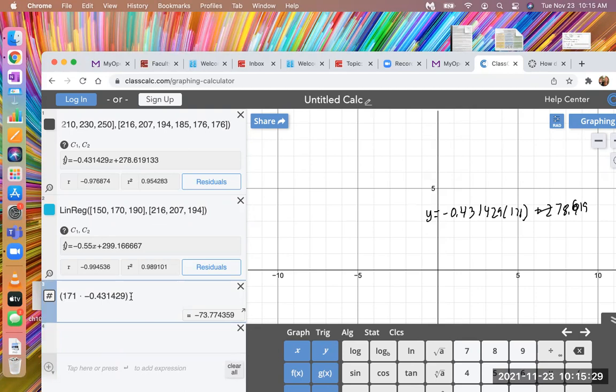Okay, and then we can just add on the 278.619133. And there we go. So we get 204.84.